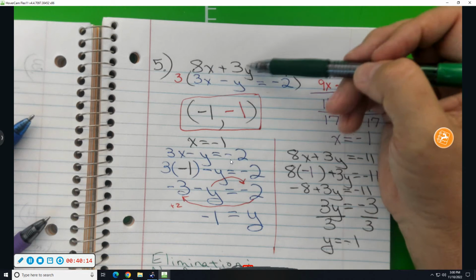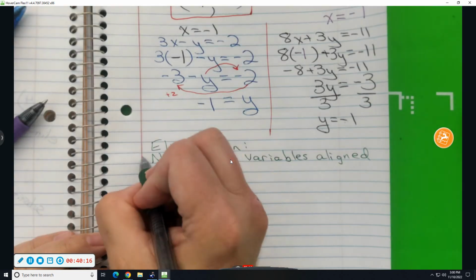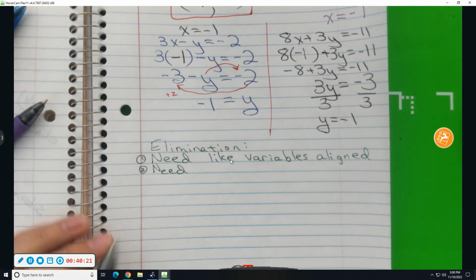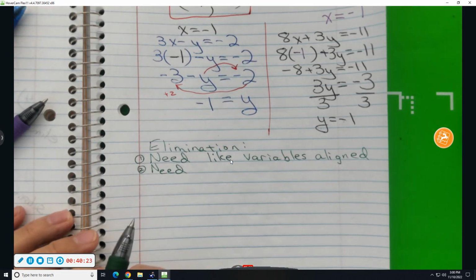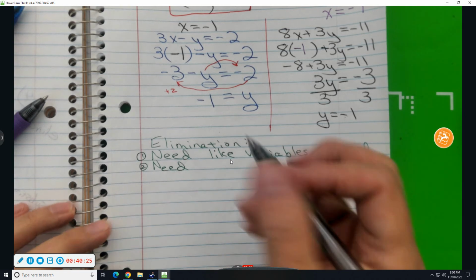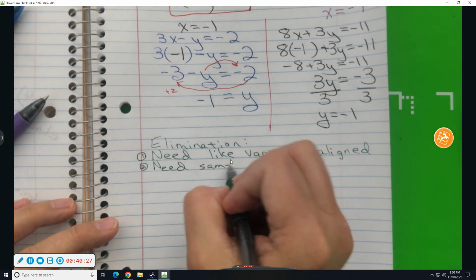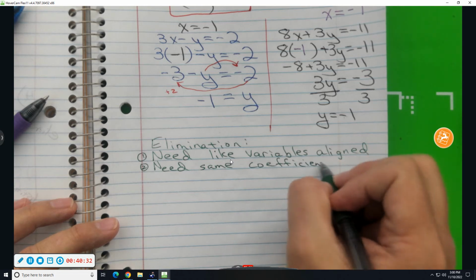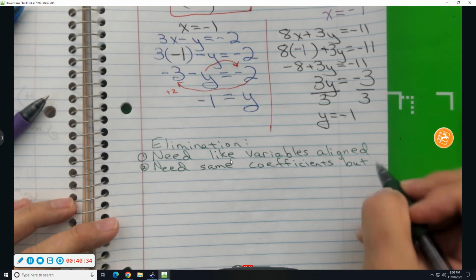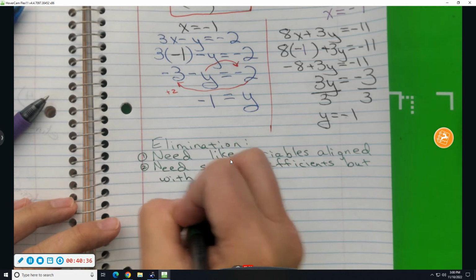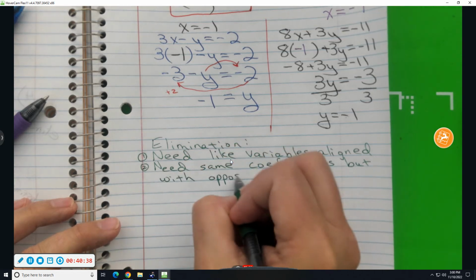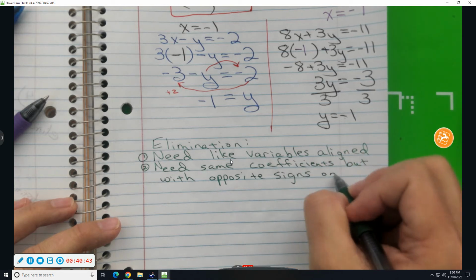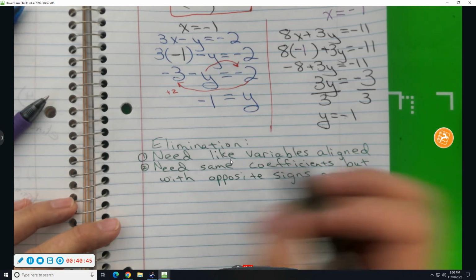And you need the same coefficient but with opposite signs on one of the variables.